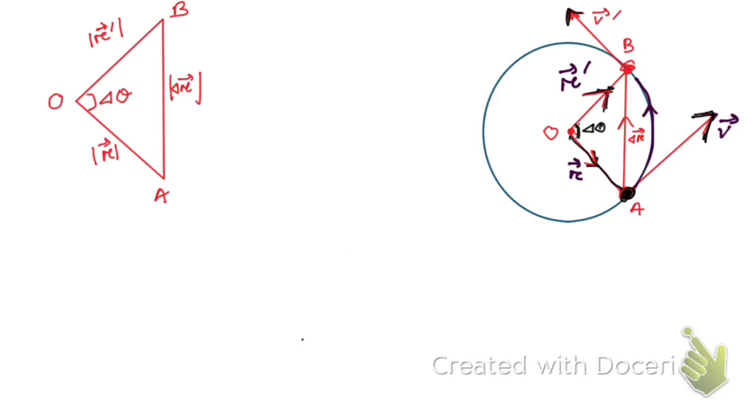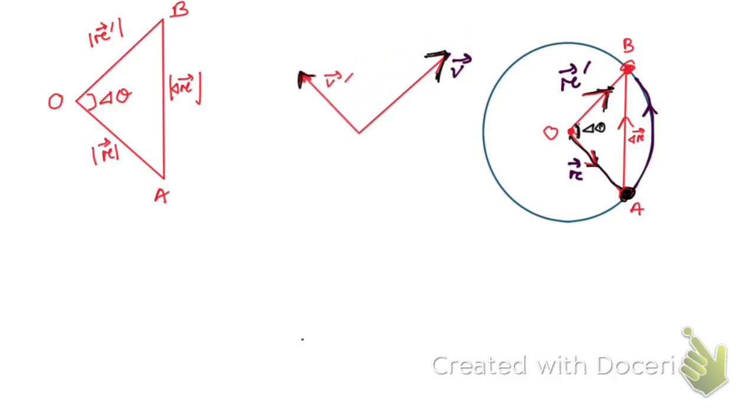So if we bring this V vector here, and the V dash vector as well here, we will get another triangle.